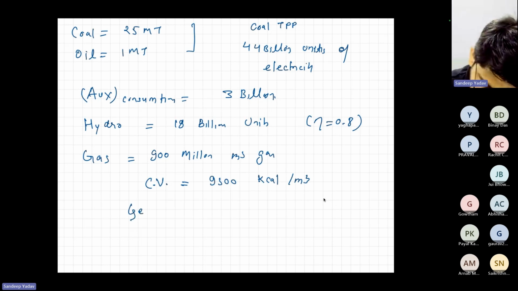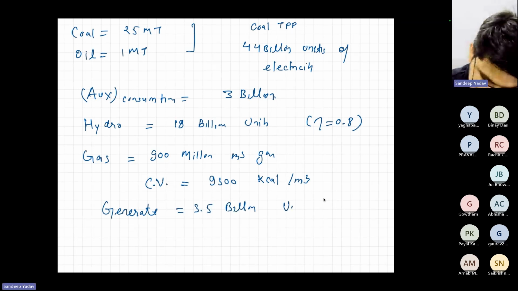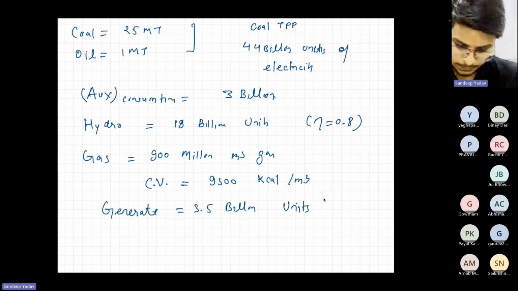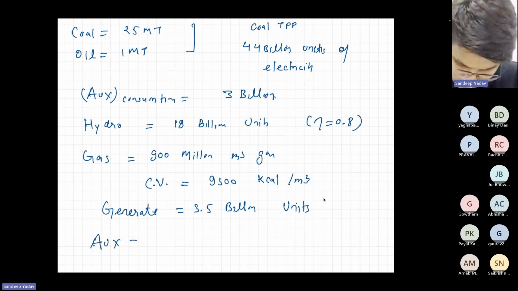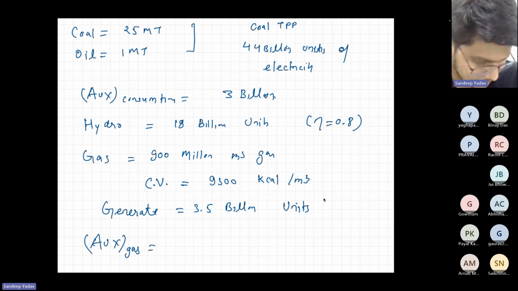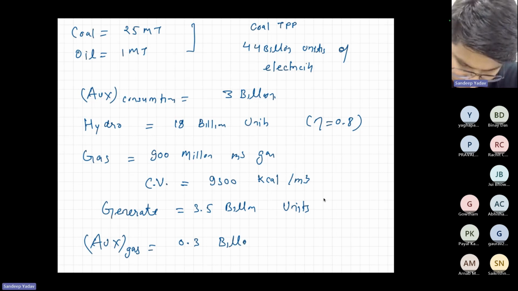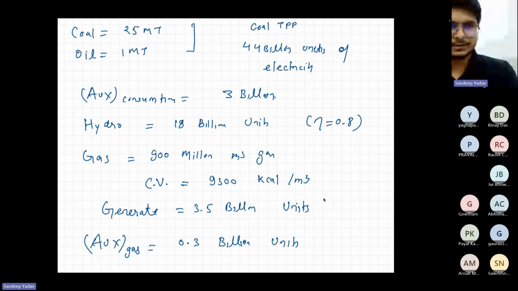It will generate 3.5 billion units, and having auxiliary consumption for the gas is 0.3 billion units. So here it is given in the question, coal and oil based system is same.